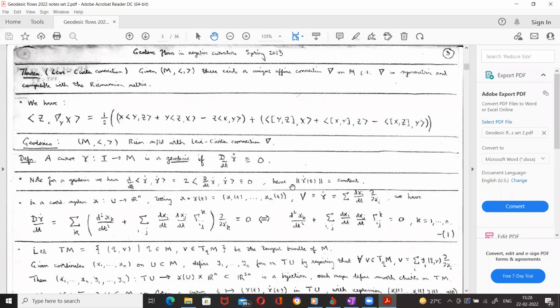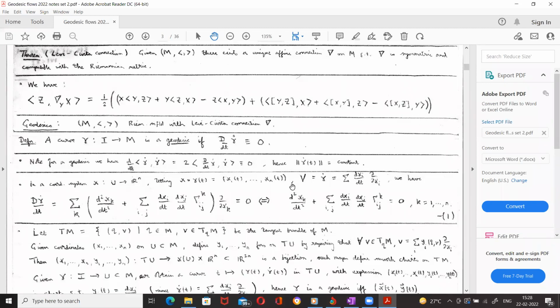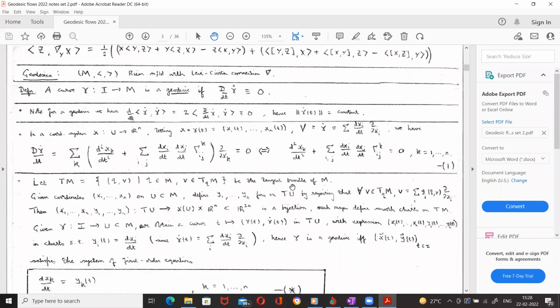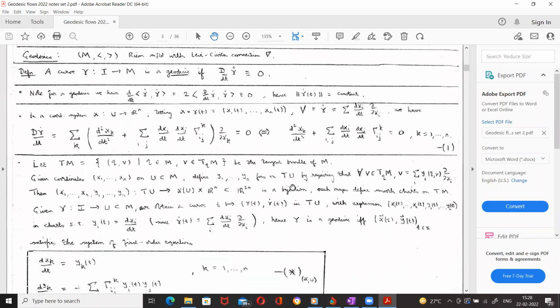Okay. So geodesics have constant speed. And now in coordinates, we can see what this geodesic equation looks like. So let X be a coordinate system from an open set in the manifold to Rn. Let's look at our curve gamma in coordinates.